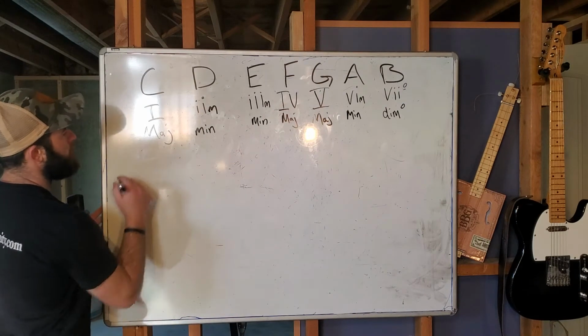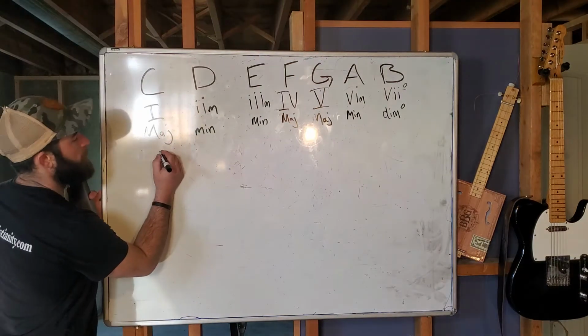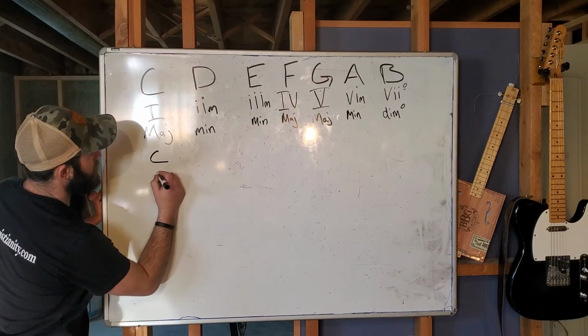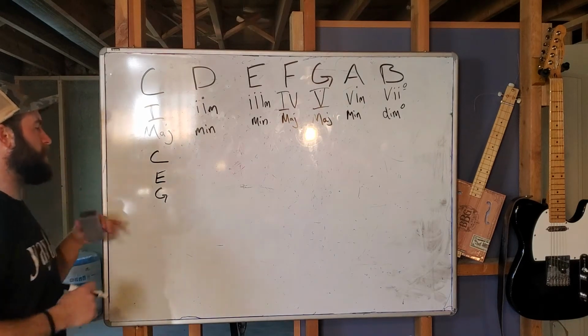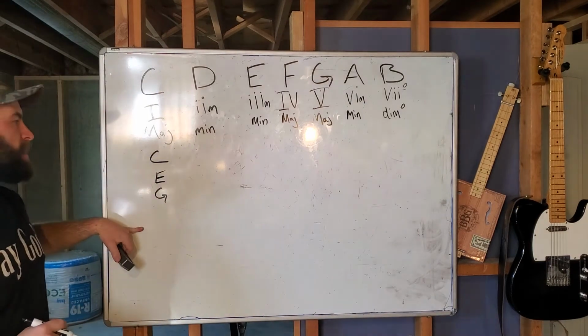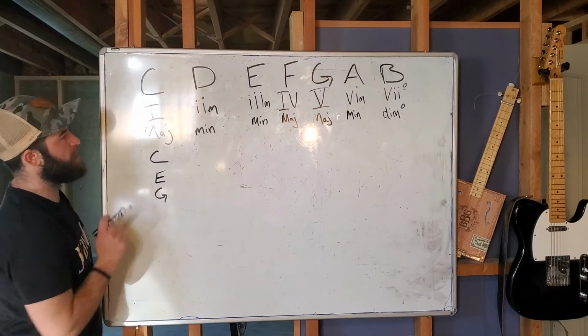But we have C. So what makes a major chord? I'm going to show you. C, E, and G. Those 3 notes make a major triad. And the reason it's major is because of the distance between each of these notes.